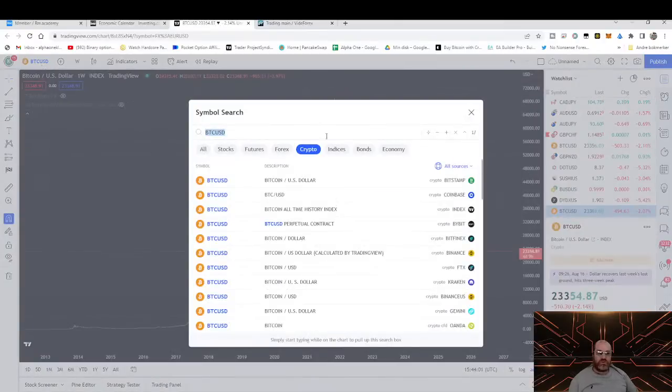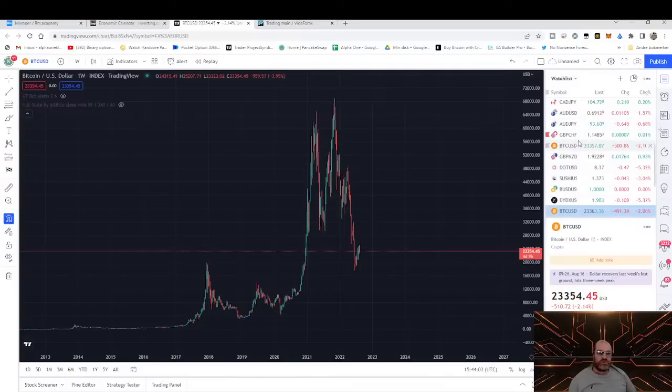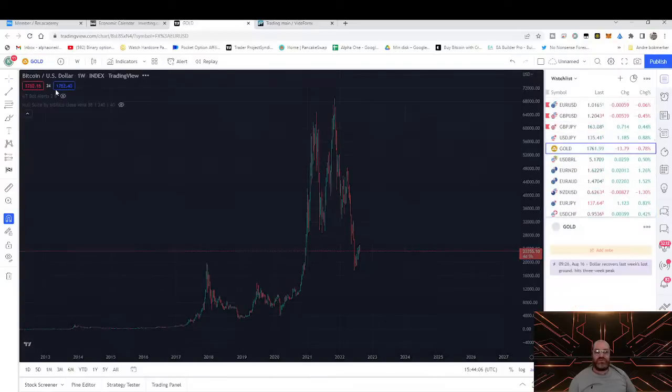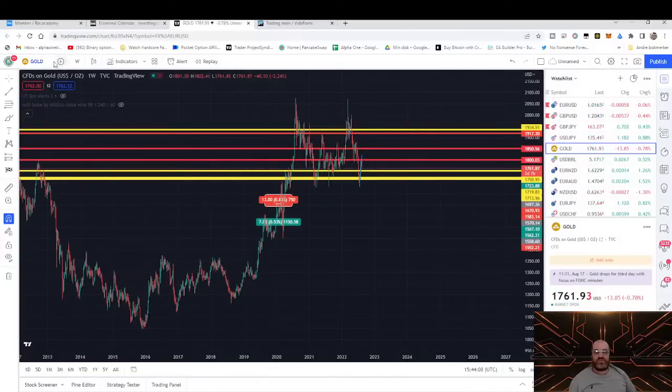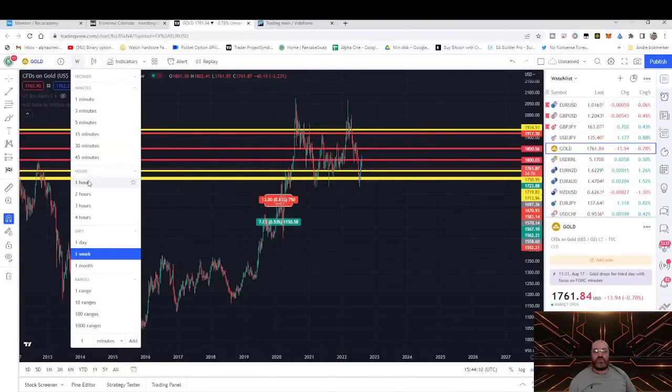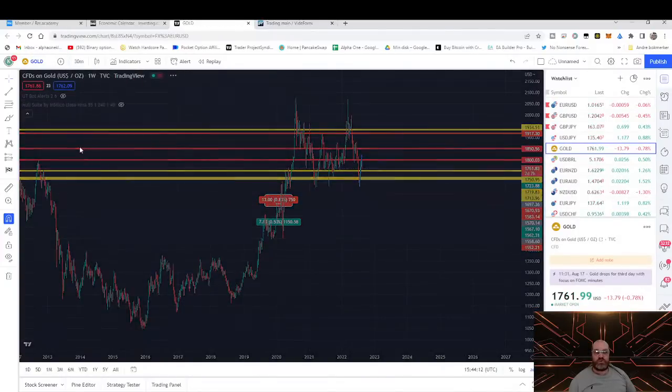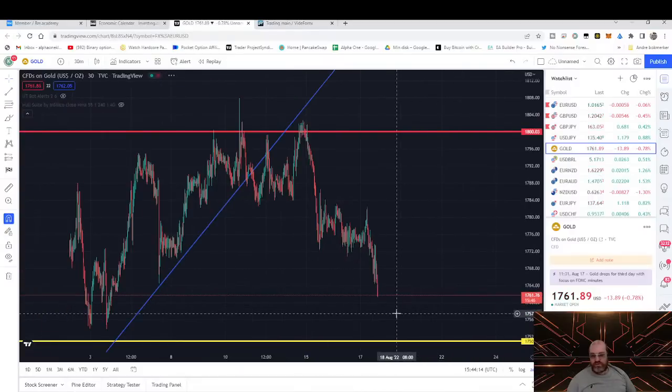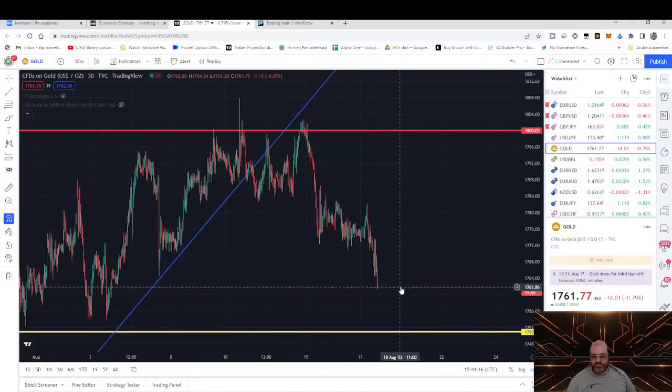So let's go back to gold. This was just for me to prove the point why we can't do that. We need to look at the bigger picture, and the bigger picture is upwards. So if we now look at gold here, we might go all the way down to the yellow line down here.